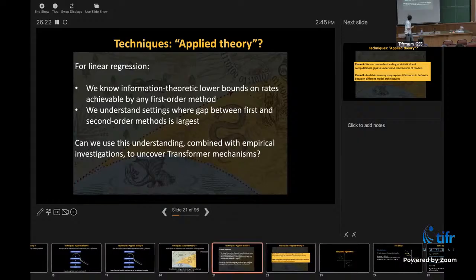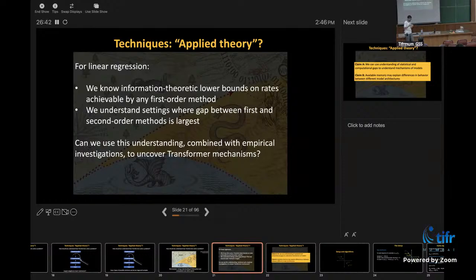So we know information theoretic lower bounds on the best possible rates achievable by any first order method. And remember here, for linear regression, I really want to understand if these models seem to be closer to a first order or a second order method. So that is a distinction I want to draw. So optimization theory tells us what is the best that you can do with any first order method.